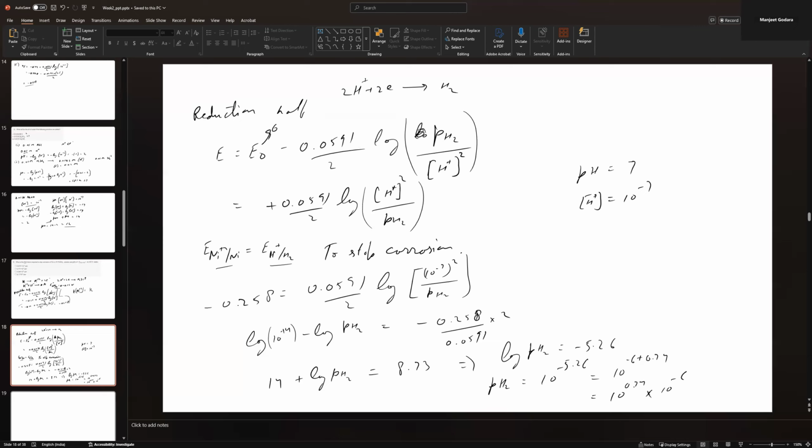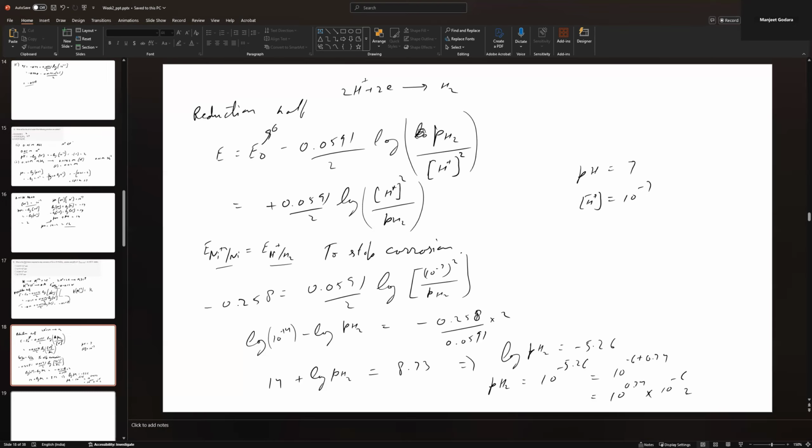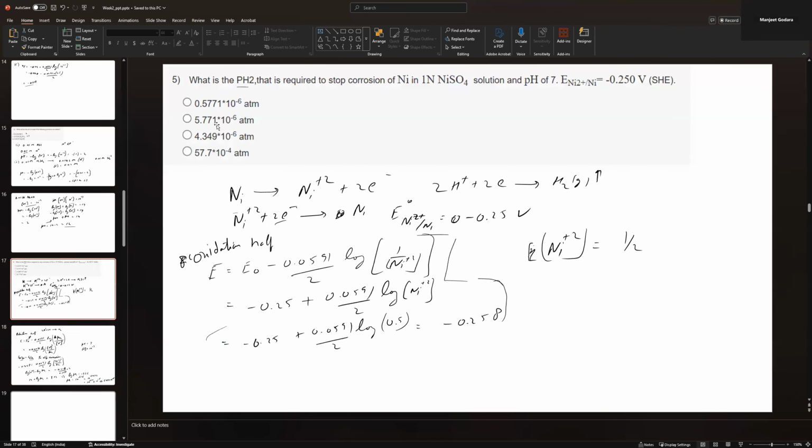Approximately 5.49 into 10 to the power minus 6. Yeah, so 5 point something will be correct.